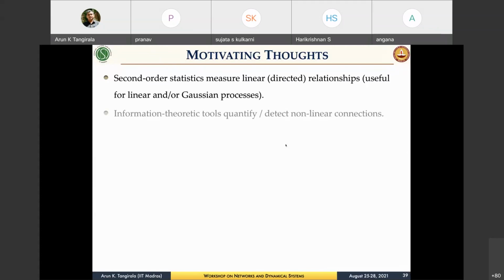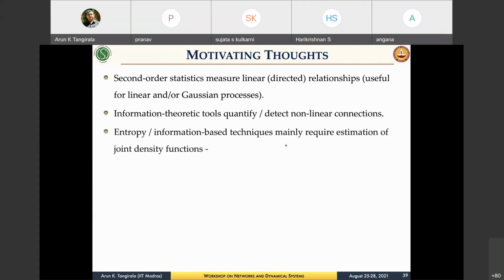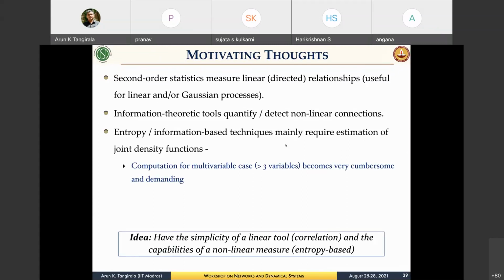So I'm going to skip this slide. I've already told you why, and it's pretty clear why we want to turn to nonlinear methods. But one point that I want to mention in favor of kernel-based methods is that it has the simplicity of a linear tool, because you can compute the correlation in the feature space by working in the original data space itself, without having to explicitly generate the features.